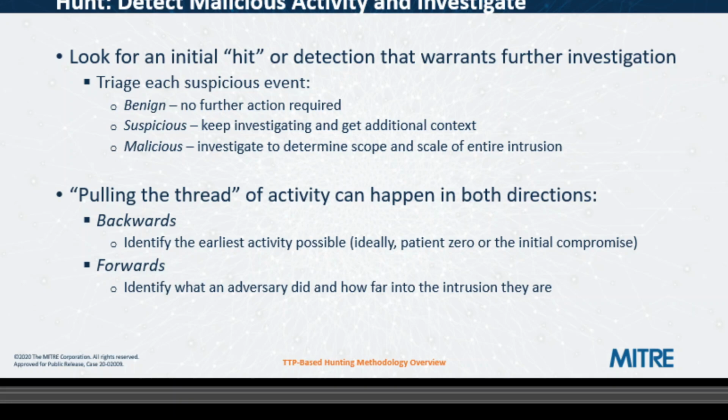Now, taking action is outside of the scope of this training, but it will range. There's lots of different options for kinds of actions we could take. Quarantining and blocking is just one possibility.